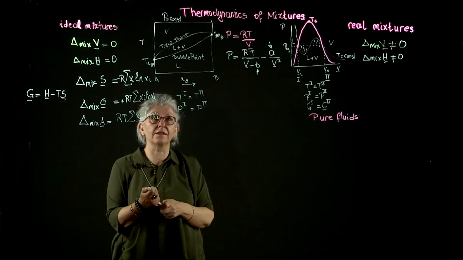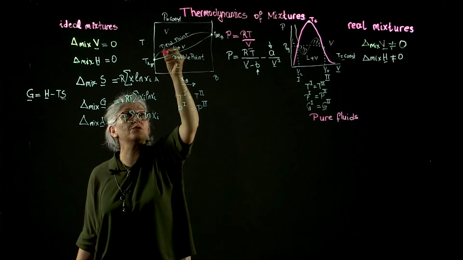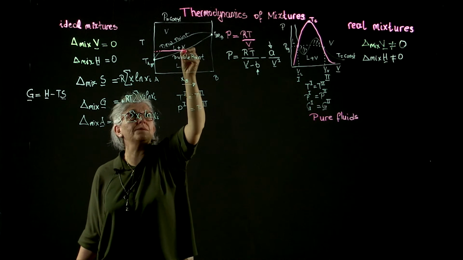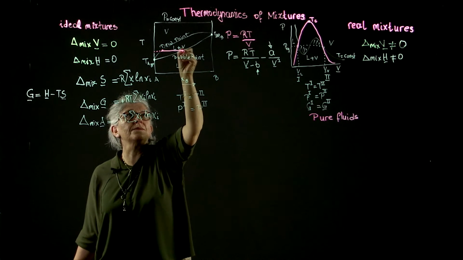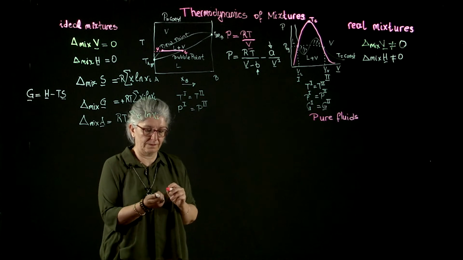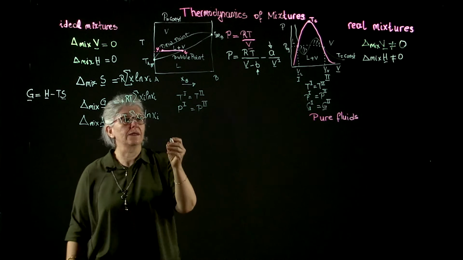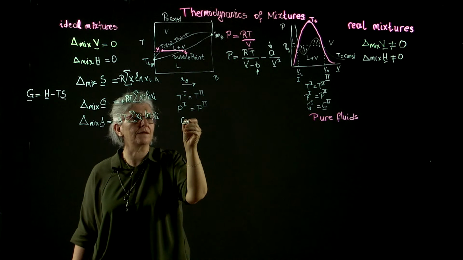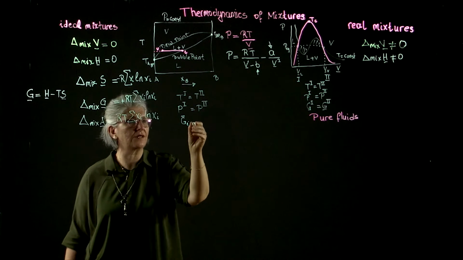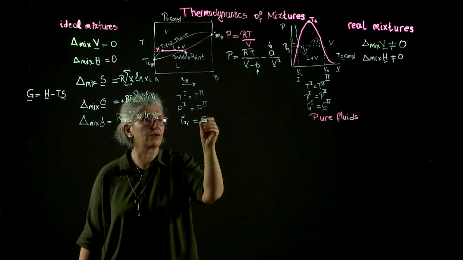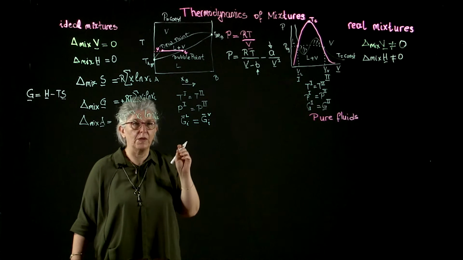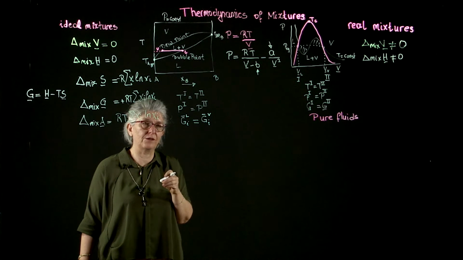So it means that when I'm talking about equilibrium, I'm talking about a horizontal line here, all right? So this is my equilibrium line. This is my vapor, and this is the liquid in equilibrium with that vapor. And equality of the partial molar Gibbs free energies of all the components, so that we can have equilibrium.